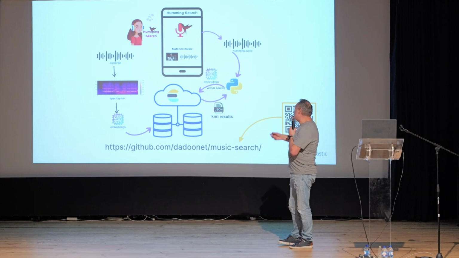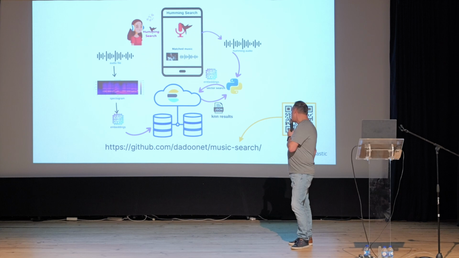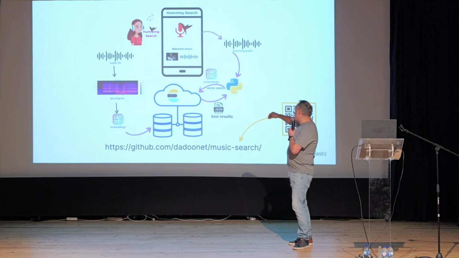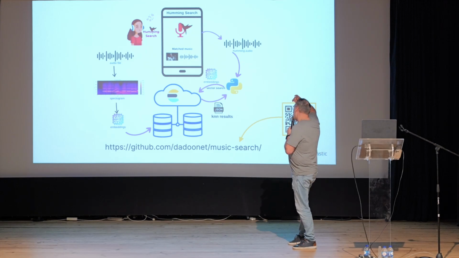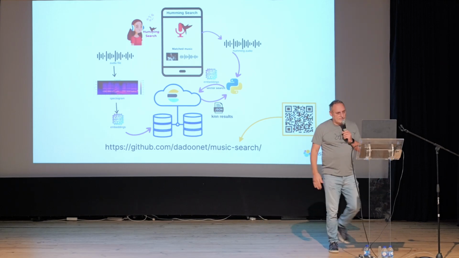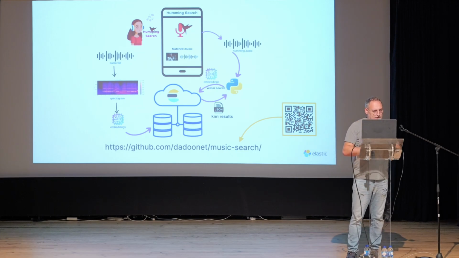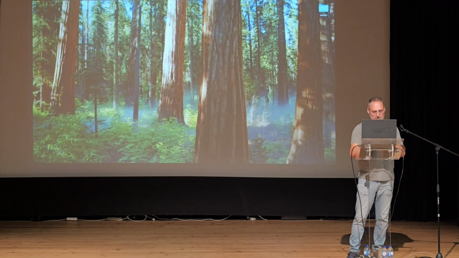And then I'm going to hum a song. Actually, I have already something which is recorded. And with this sound, I'm going to use the same technique to get the vector representation of my sound, and then try with KNN search to find the closest sound that I have indexed in my database. So this is what I'm going to show. You will see the QR code again at the end. But yeah. Got it? Okay, cool. So let's do that.